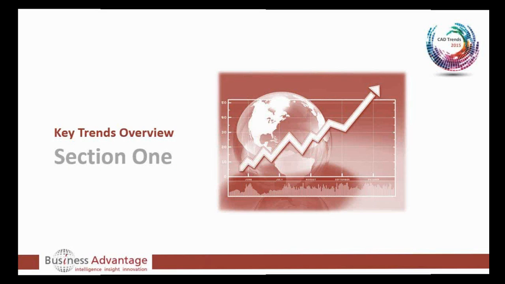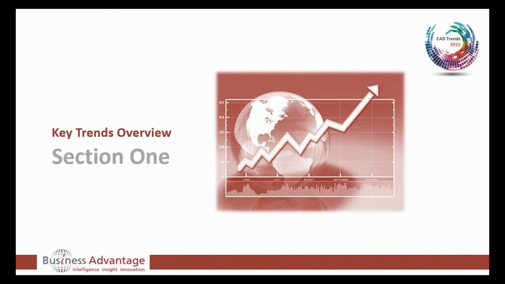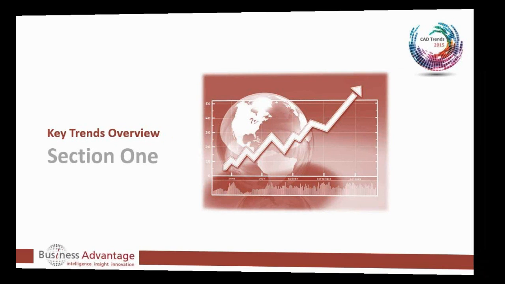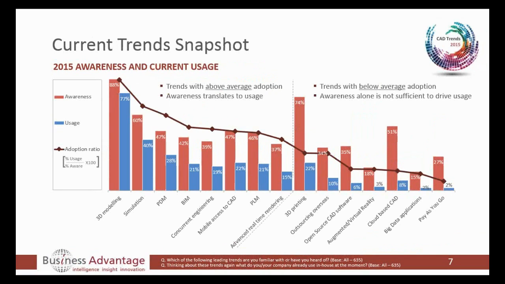Okay, so our first section, as I mentioned, we're going to look at some of the trends in overview, and then Nicola is going to go into more detail on some of the trends that we've highlighted. So our first snapshot looks at the awareness and current usage of these particular technologies.